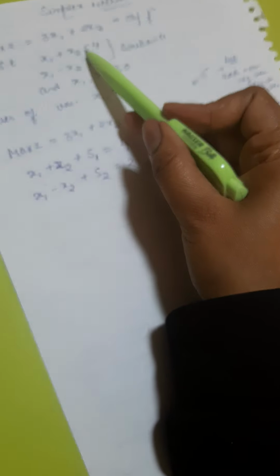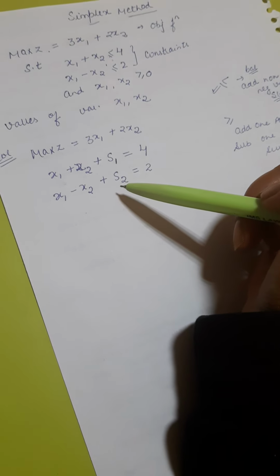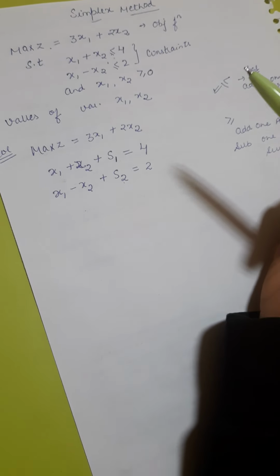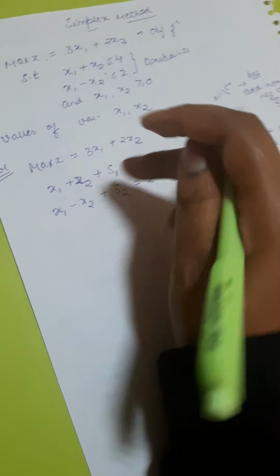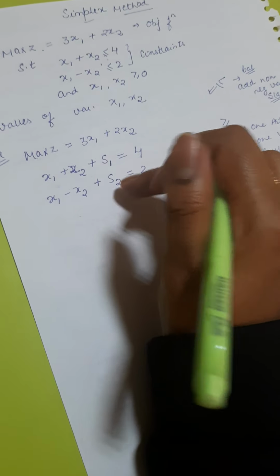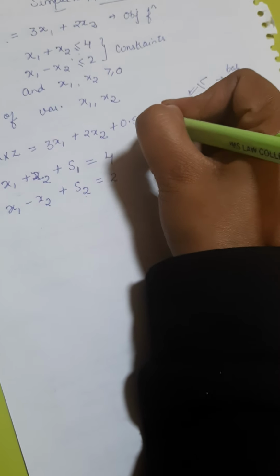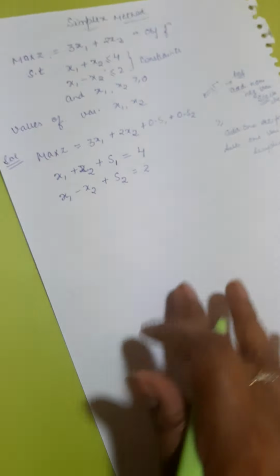In the first equation we add s1, and in the other equation, to make it balanced, we add s2. Now, if you add the variables in these equations, you have to add these two slack variables to the objective function as well.